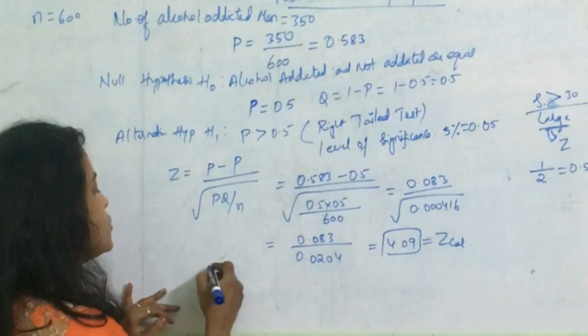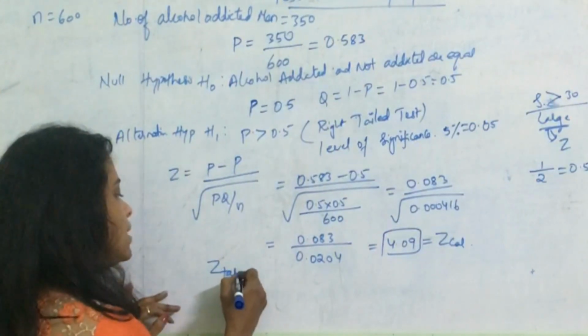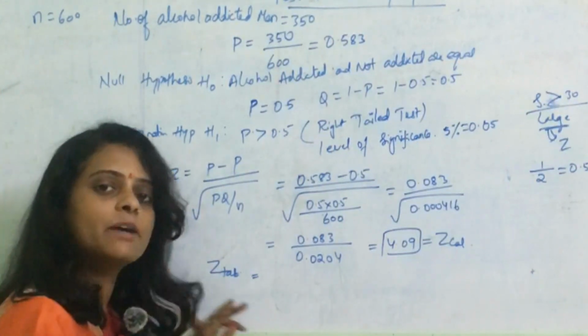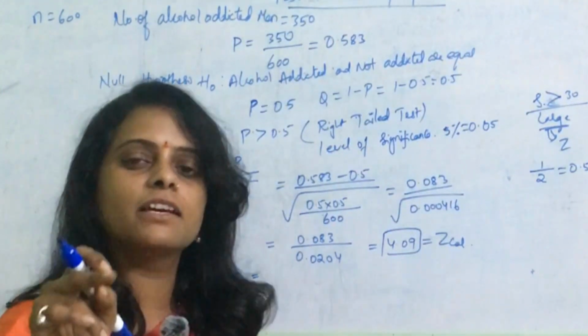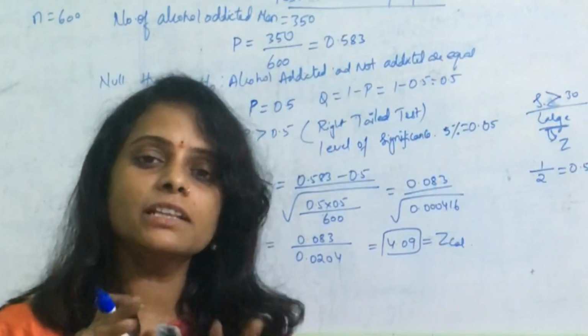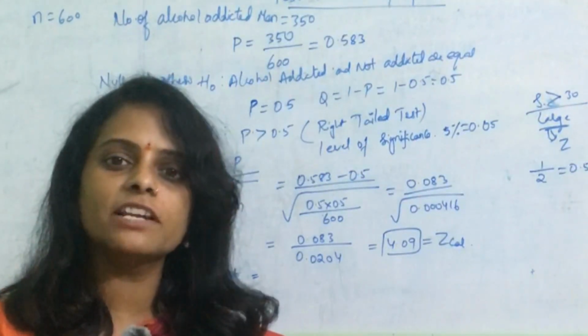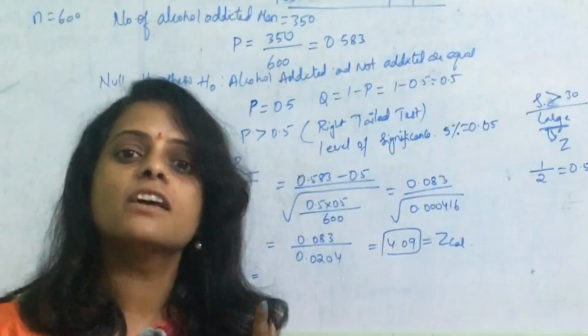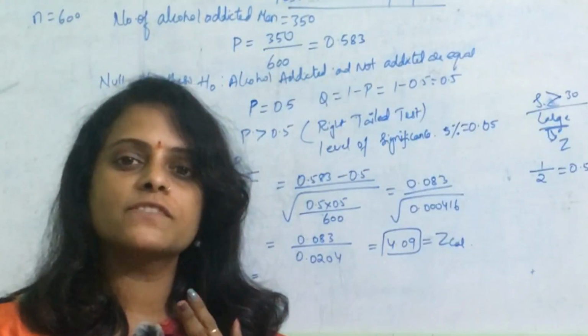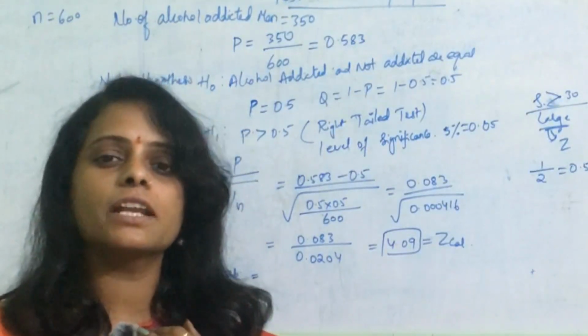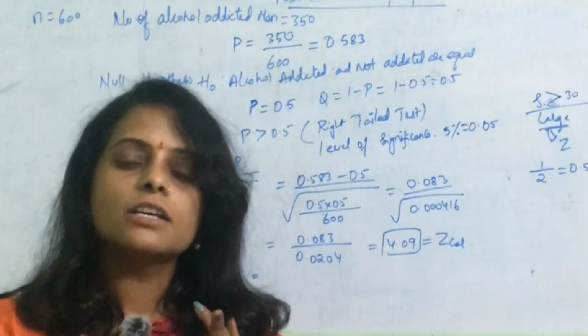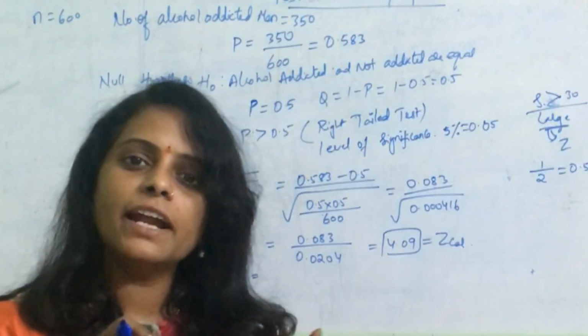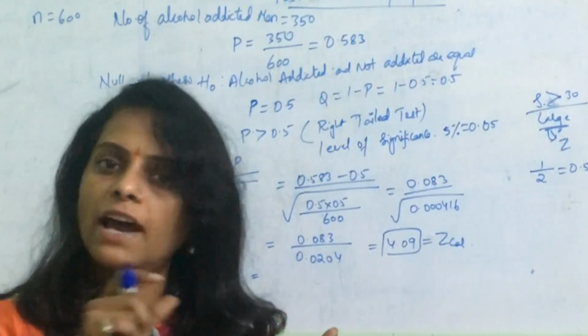Okay, so we have to find out the z table value. How to find out the z table value? The table is given on the screen. In that table we have 1% level of significance, 2% level of significance, sorry, 5% level of significance, 99% level of significance also is given there. In that, right tailed, left tailed and two tailed values are given.